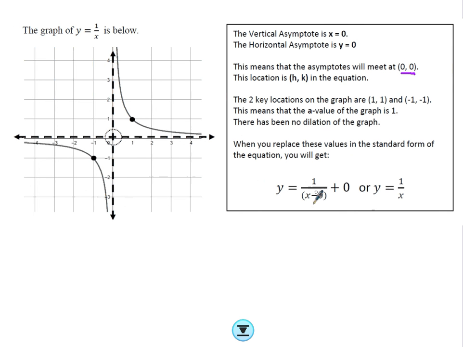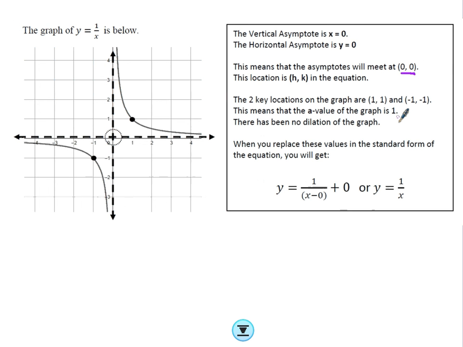So that is going to affect our equation. They're also talking here about key locations at (1, 1) and (negative 1, 1). Because of the locations of those, there hasn't been a dilation. For looking at a graph, we're going to focus on not having a dilation, with a being 1.